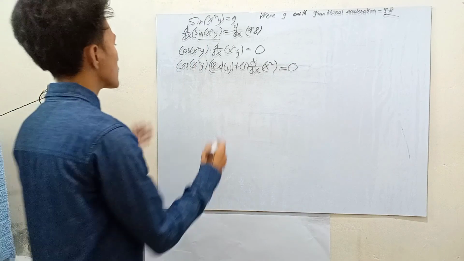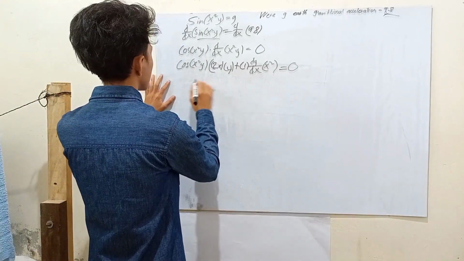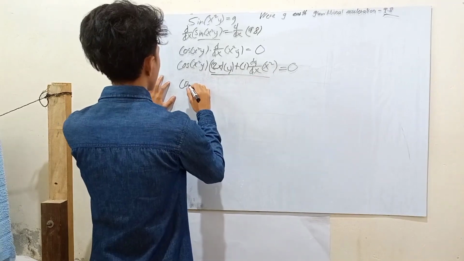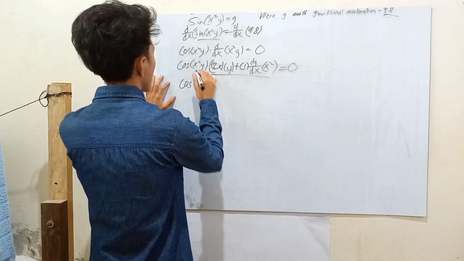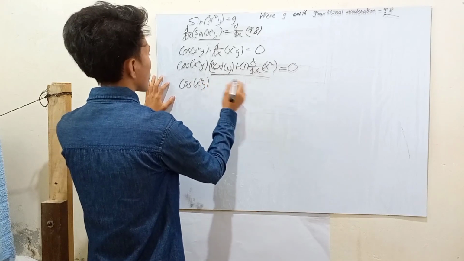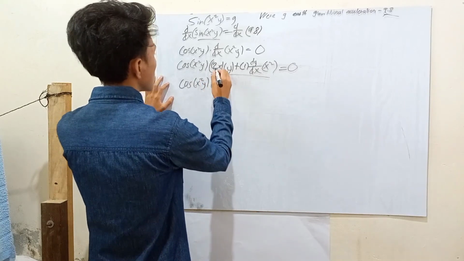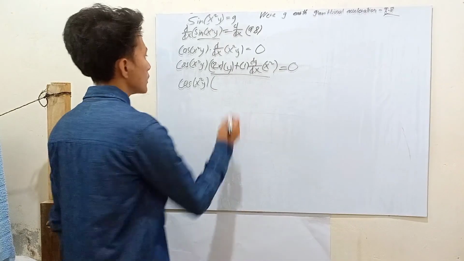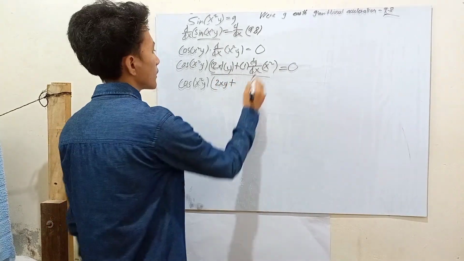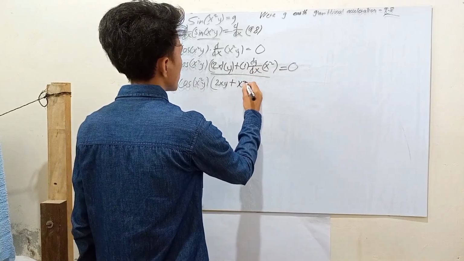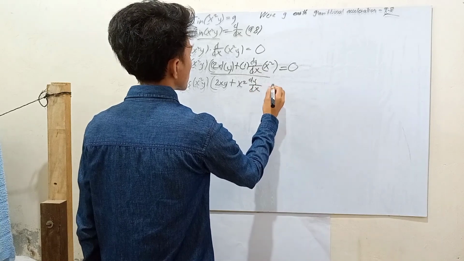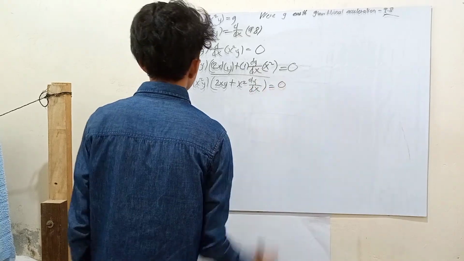And then we can simplify this. Copy this equation. Copy this x squared y. And then 2x times y is 2xy plus x squared times 1 is x squared. Don't forget the dy over dx, equals 0.